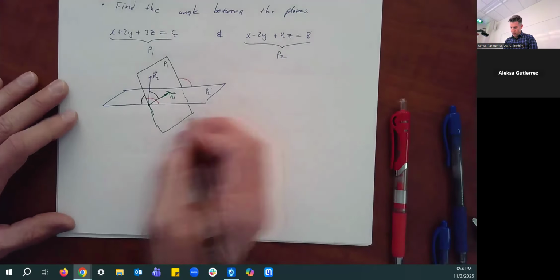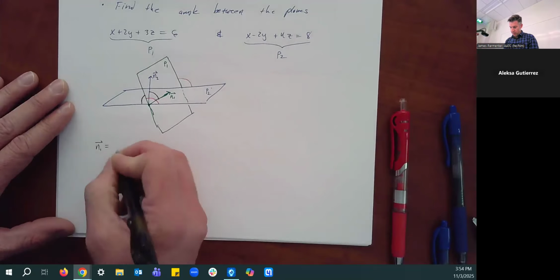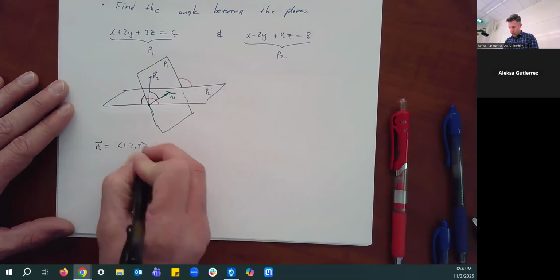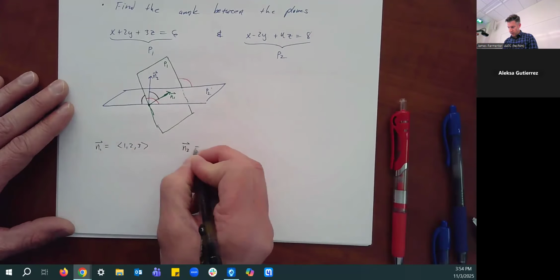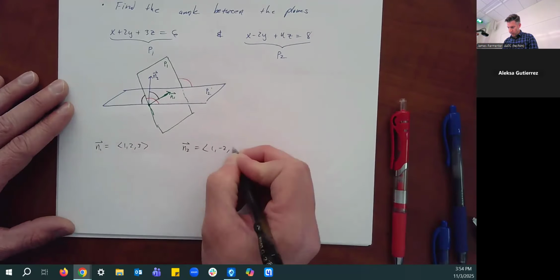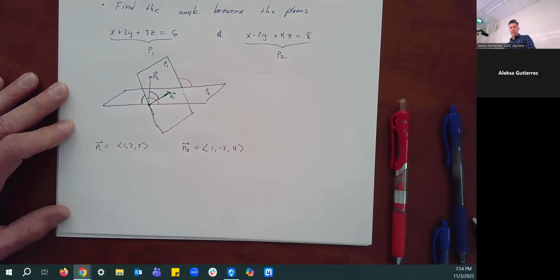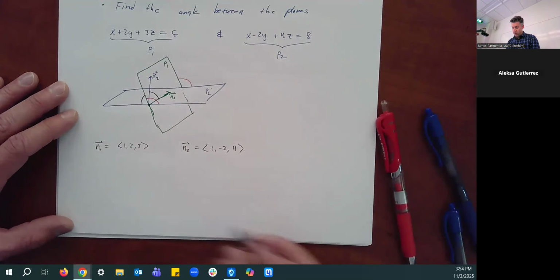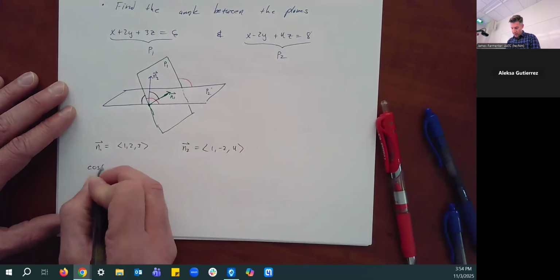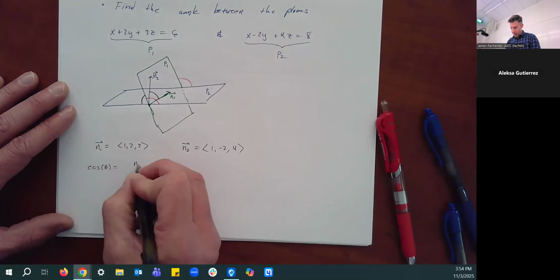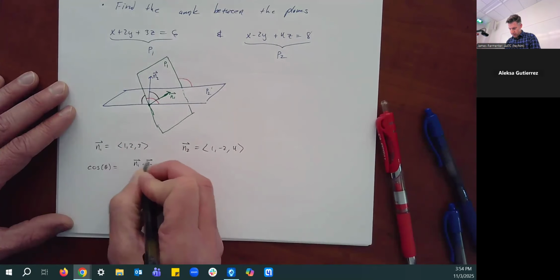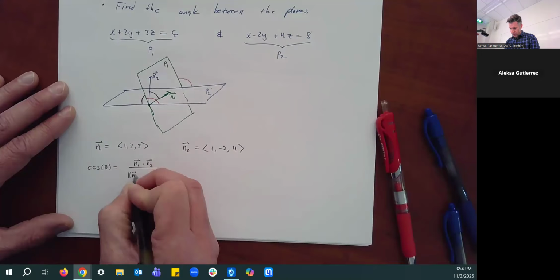All right, so our first normal vector is just the vector 1, 2, 3. Our second normal vector is the vector 1, negative 2, 4. I know it's been a minute since we found the angle between two vectors, but I'll remind you, cosine of the angle is equal to the dot product divided by the magnitudes of the vectors multiplied together.